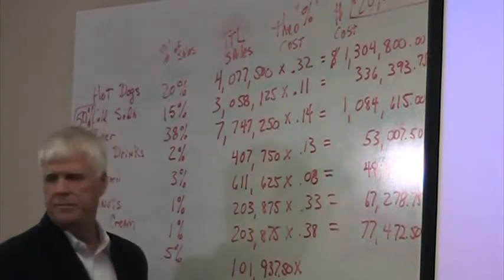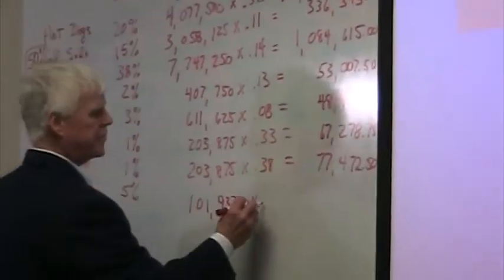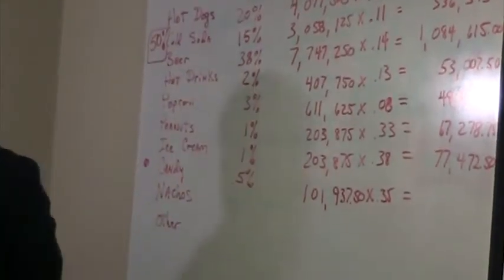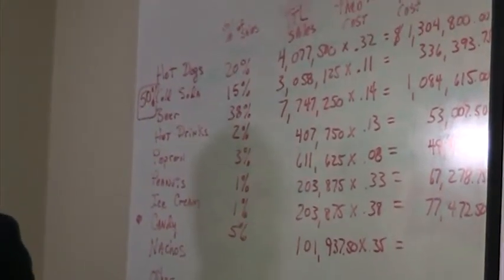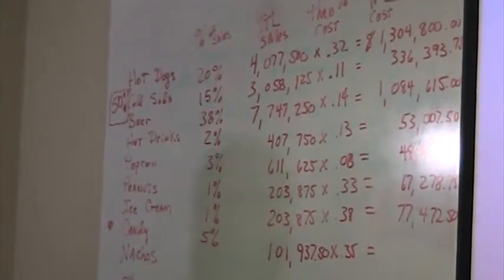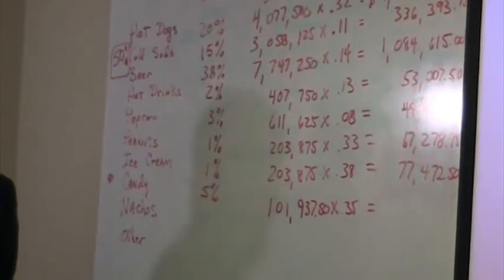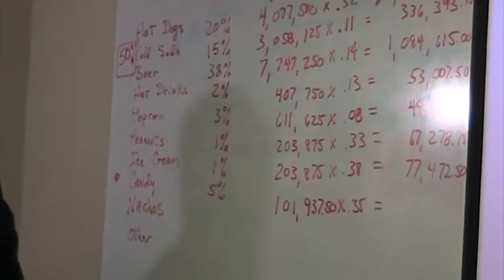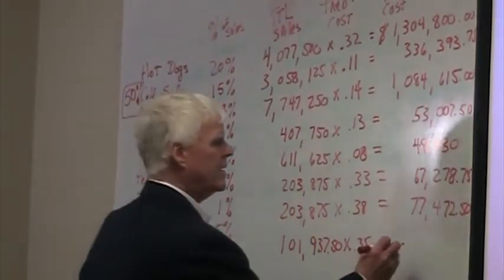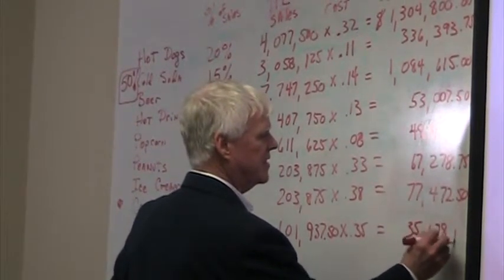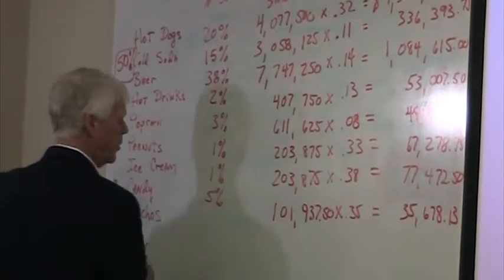And the cost on candy? 35%. How did you put 0.5% in the calculator? In 0.005, because it moves over 2 decimal places. That's right, good for you. Percentage, 35%. It should be right around 35,000, 36,000 and something. 35,678.13. All right, we're almost there, guys.